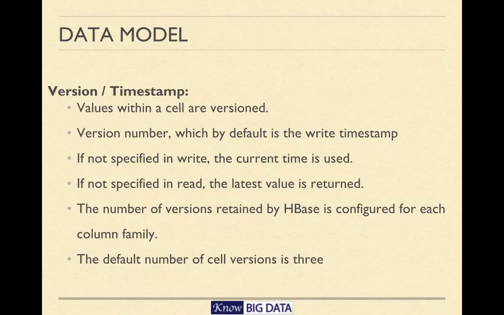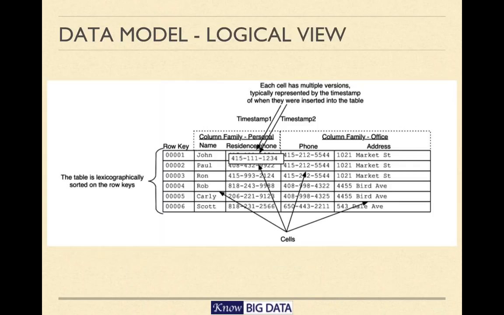The number of versions retained by HBase is configured for each column family. The default number of cell versions is 3.